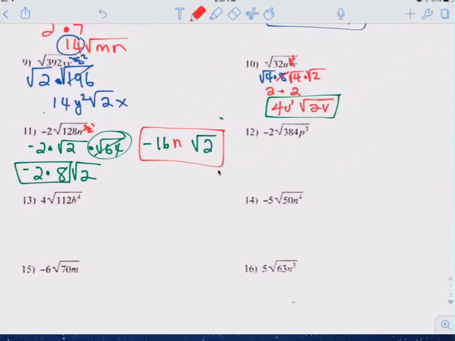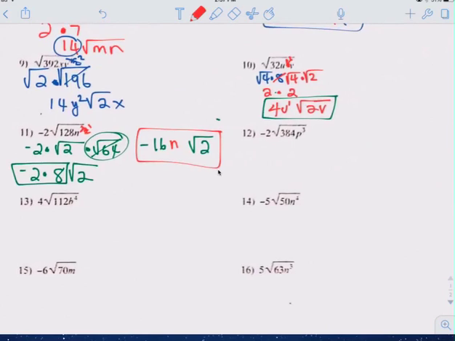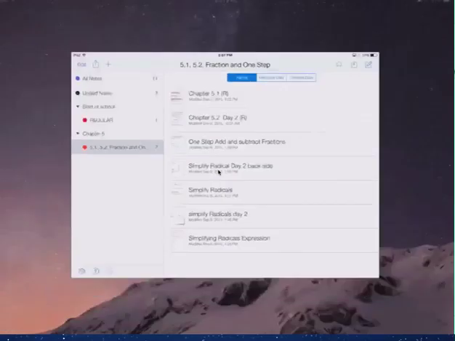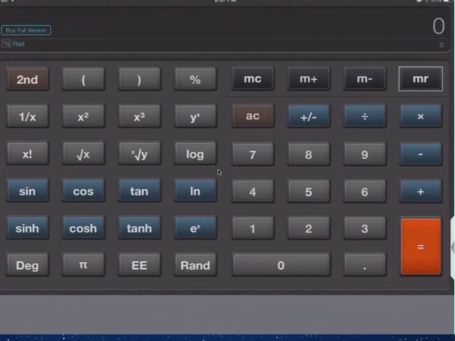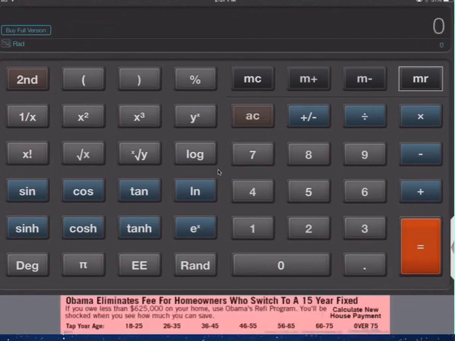Okay, number 12. Wow, 384. Okay, can be divided by 4, right? It can be divided by 2. Is it a perfect square when you divide it by 2? Sorry, I don't know how to do it on the calculator. No, it doesn't. 192. Was 192? No, it's 196.